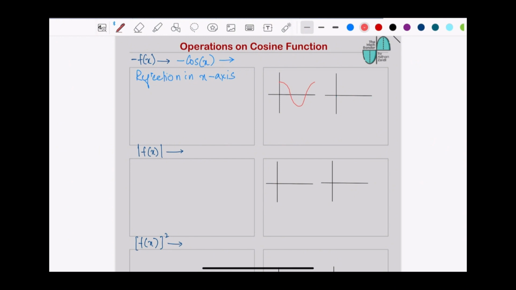And this wave is a reflection on the mirror line, this line, and it will look like this. So if this is cos of x, this is going to be negative cos of x.